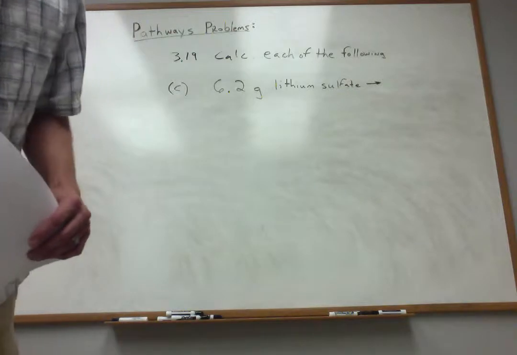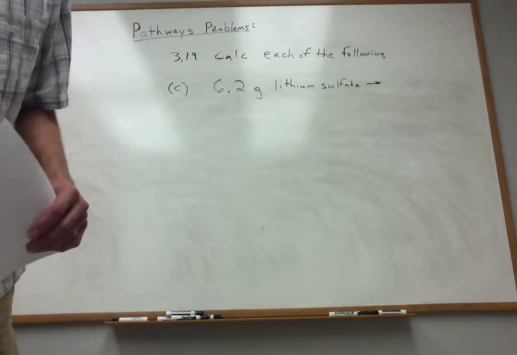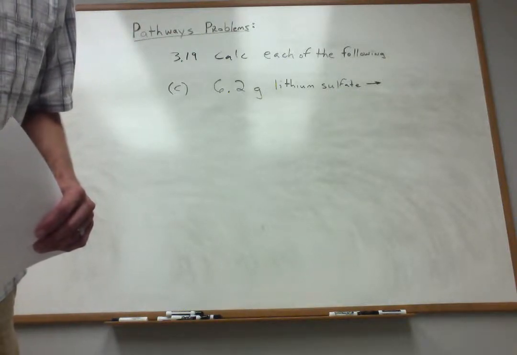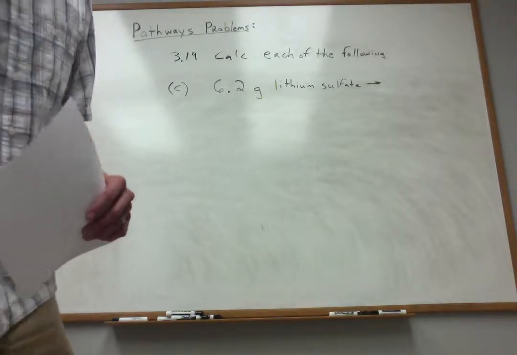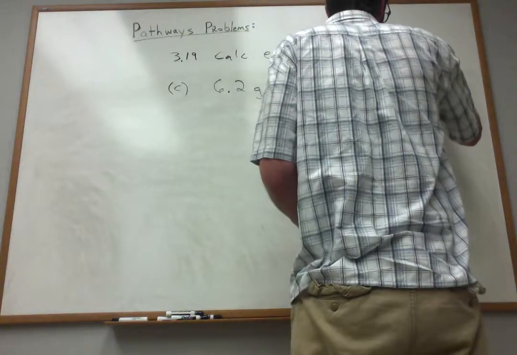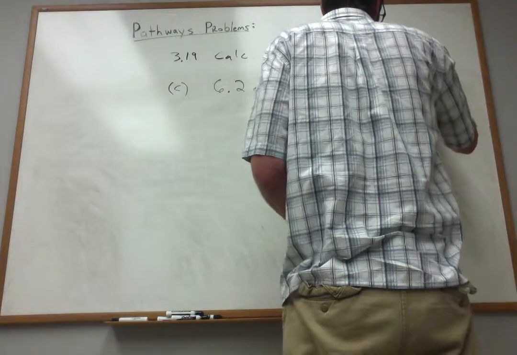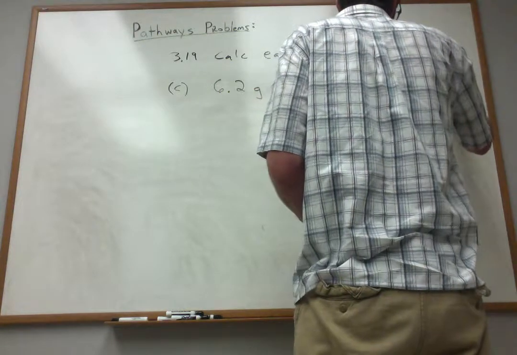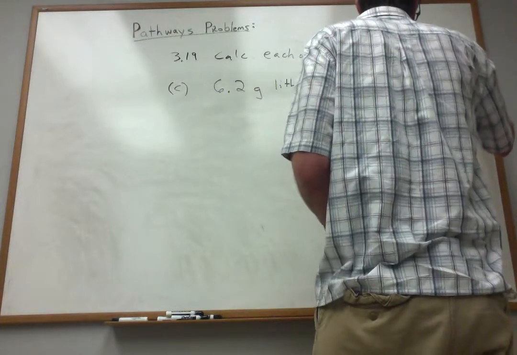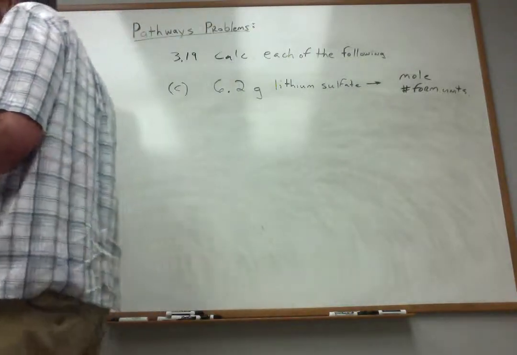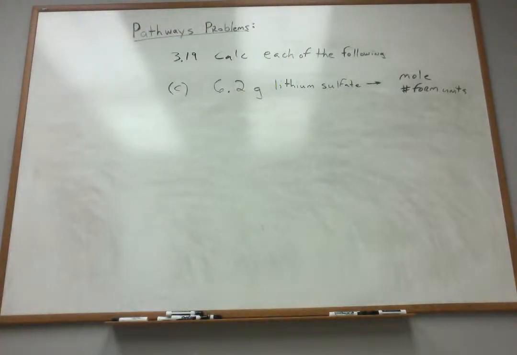What am I asked to compute? Go to the number of moles and the number of formula units. So two things here. So I got 6.2 grams of the salt lithium sulfate, an ionic compound. It's a metal with a polyatomic ion, and I want to go to moles and number of formula units.